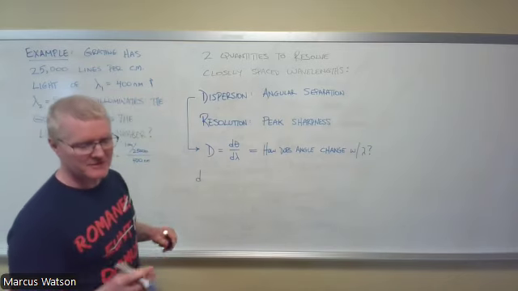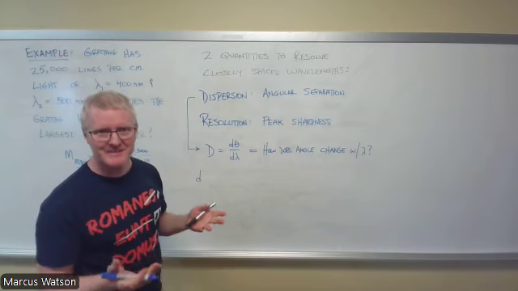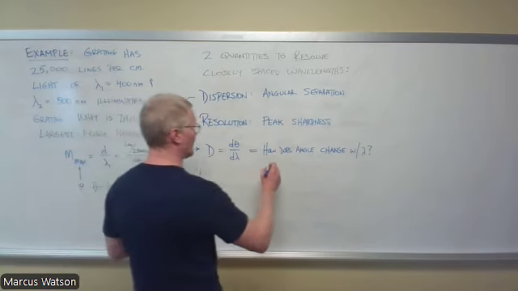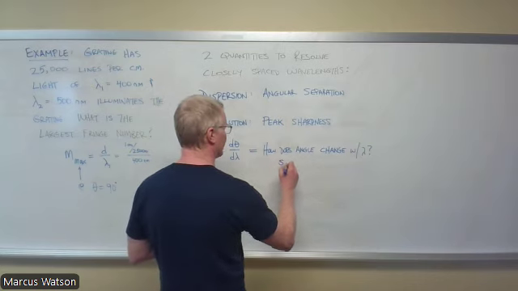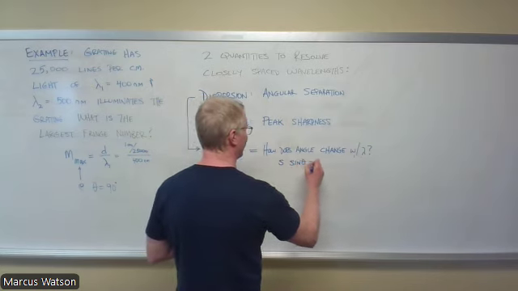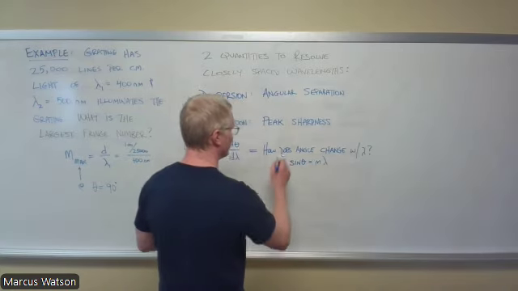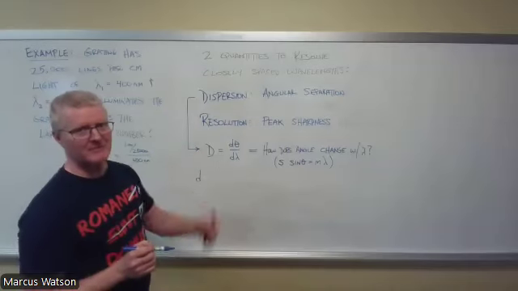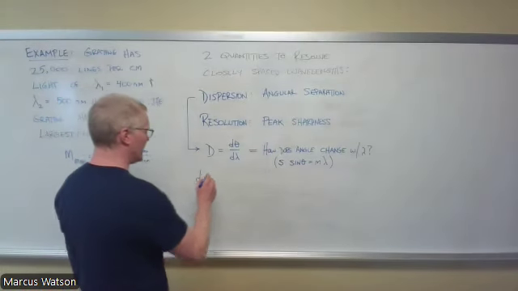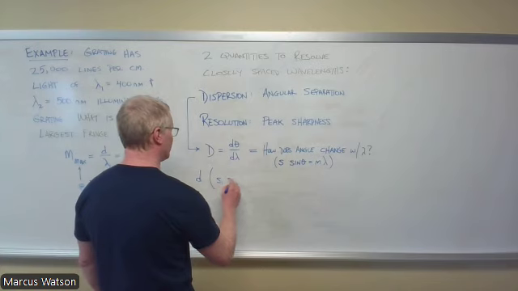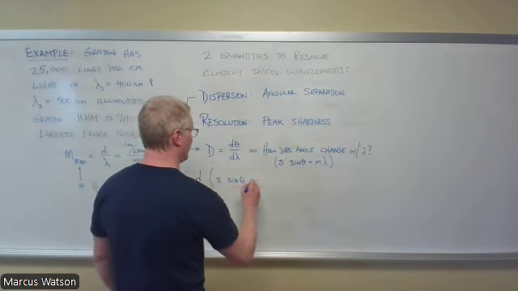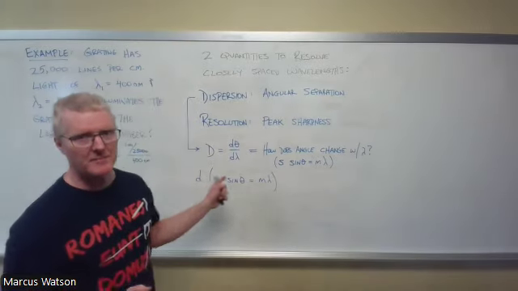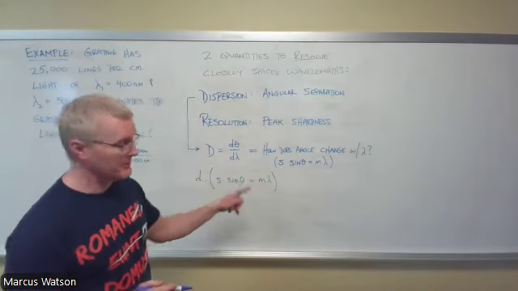Maybe we can change it into something like S, all right? So that instead of writing d sine theta, I'm going to write S sine theta equals m lambda, so that we can hit this with a differential operator. I'm going to just hit both sides of this thing with the differential operator.